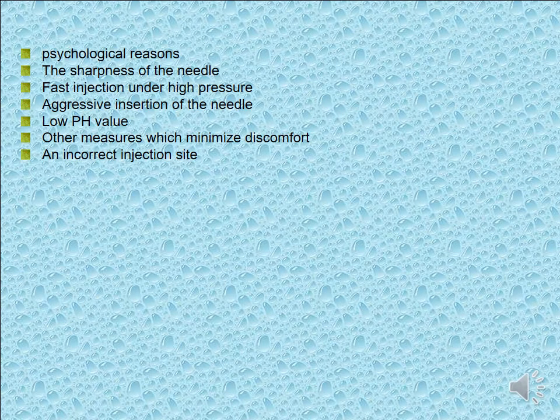The etiologic factors for this condition are psychological reasons, the sharpness of the needle, fast injection under high pressure, aggressive insertion of the needle, low pH value, meaning acidic pH, other measures which minimize discomfort, and incorrect injection site that leads to pain during injection.